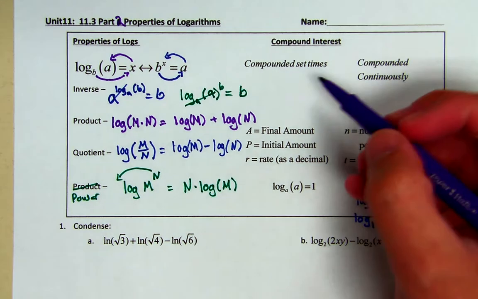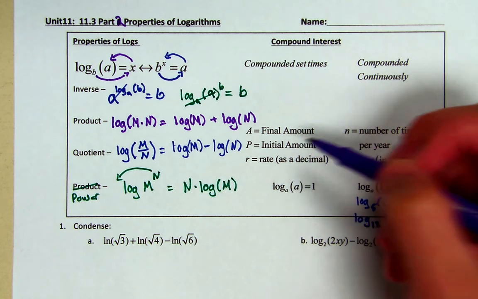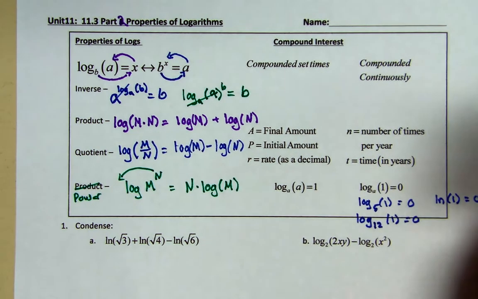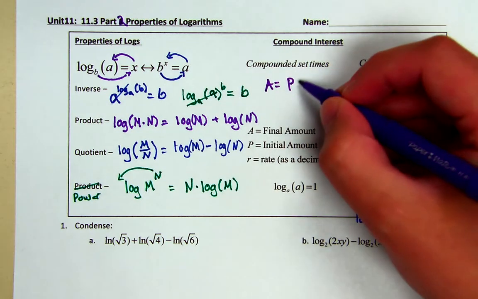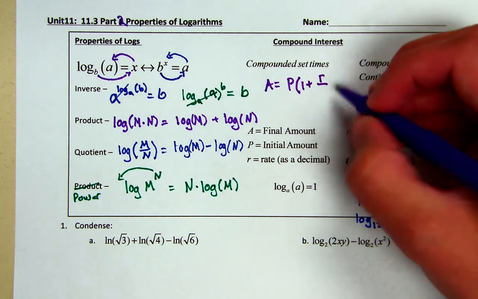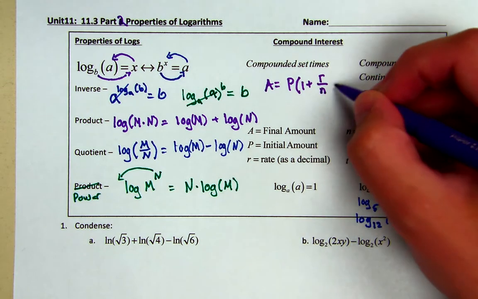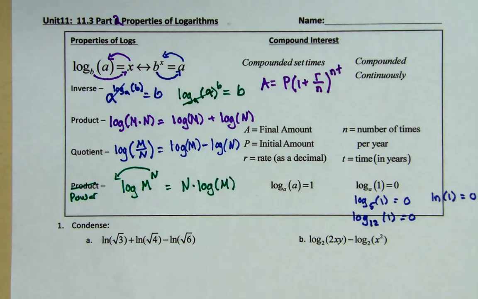Alright, those two formulas, let's review. Set number of times, that's where we're using annually, yearly, all of those fun things. So that's our A equals P, the principal amount, initial, times 1 plus the rate divided by the number of times compounded, raised to the number of times compounded times the time.